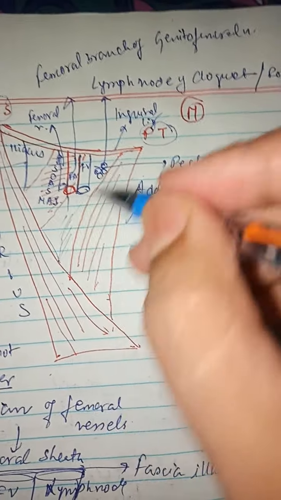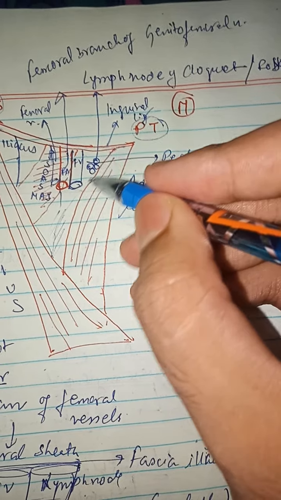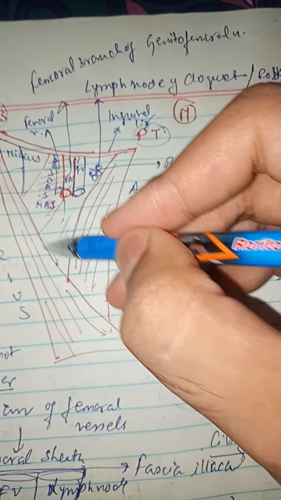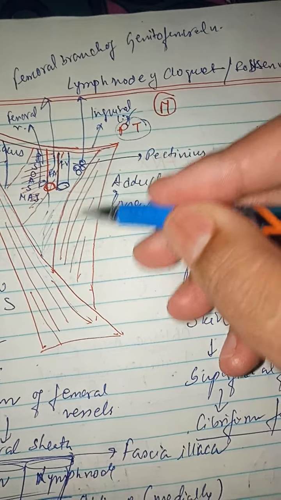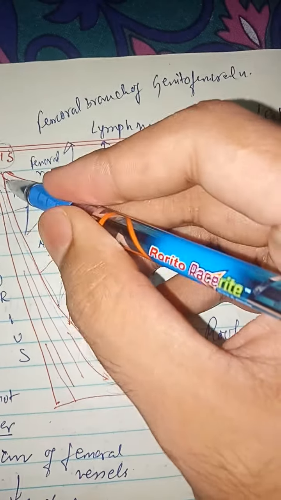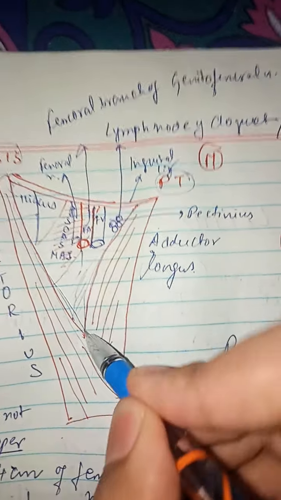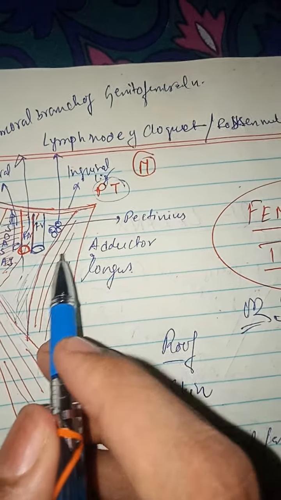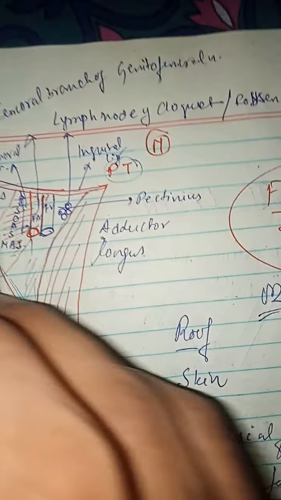The apex is formed by the line joining the medial border of the sartorius muscle, so this is the sartorius muscle, and the adductor longus muscle. The sides: this is the lateral side, this is the medial side.